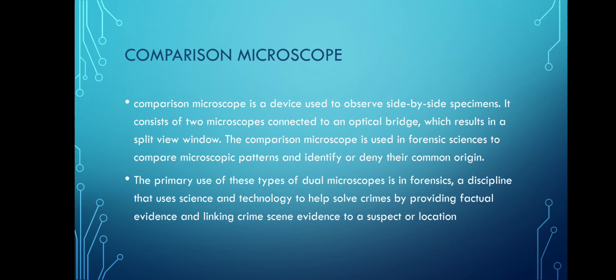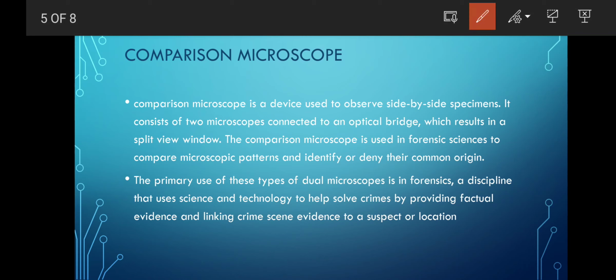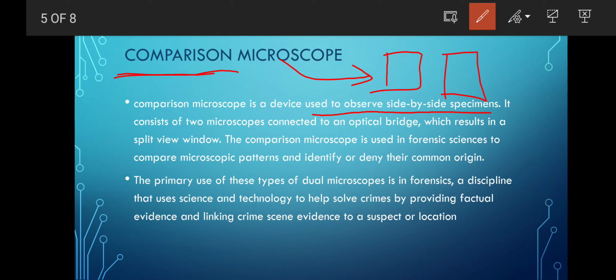Then the comparison microscope. A comparison microscope is a device used to observe specimens side by side. We can observe two samples at the same time. The word comparison itself says it, right? It consists of two microscopes connected by an optical bridge.